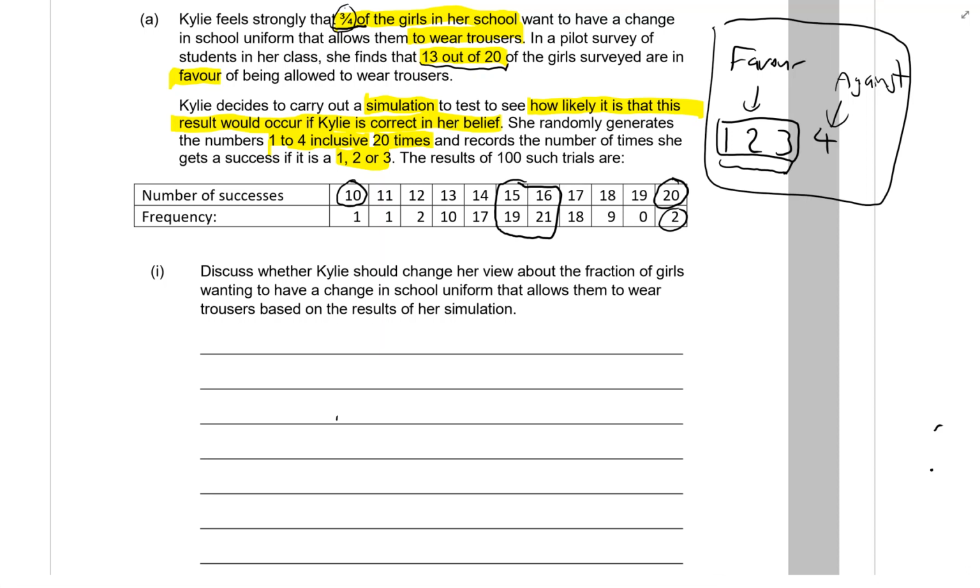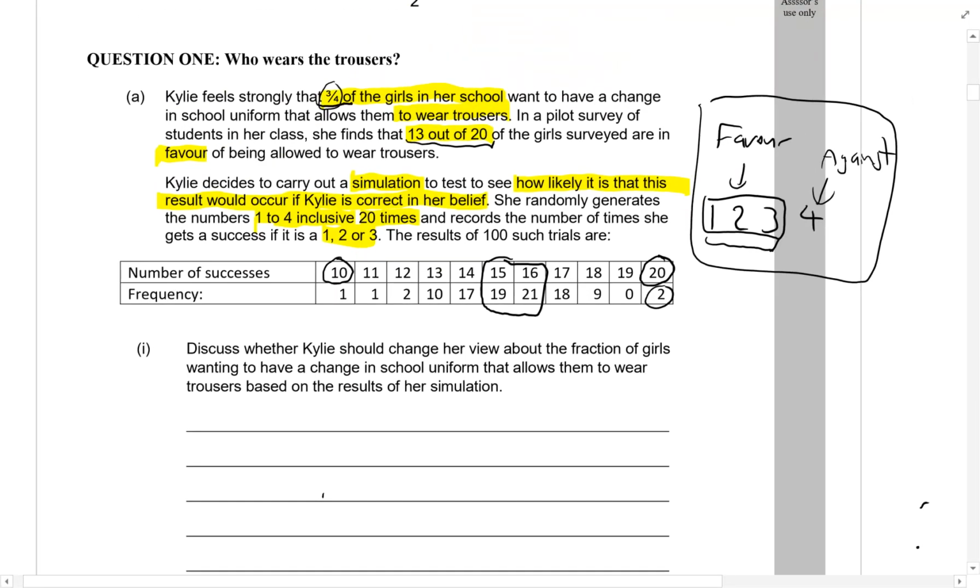And what we're trying to say is, okay, if this model is true, this theory, and the theory is that 3 out of 4 are in favour, that's the model or the theoretical estimate. So if that's true, then would it be believable to get 13 out of 20, only 13 out of 20 in her survey?